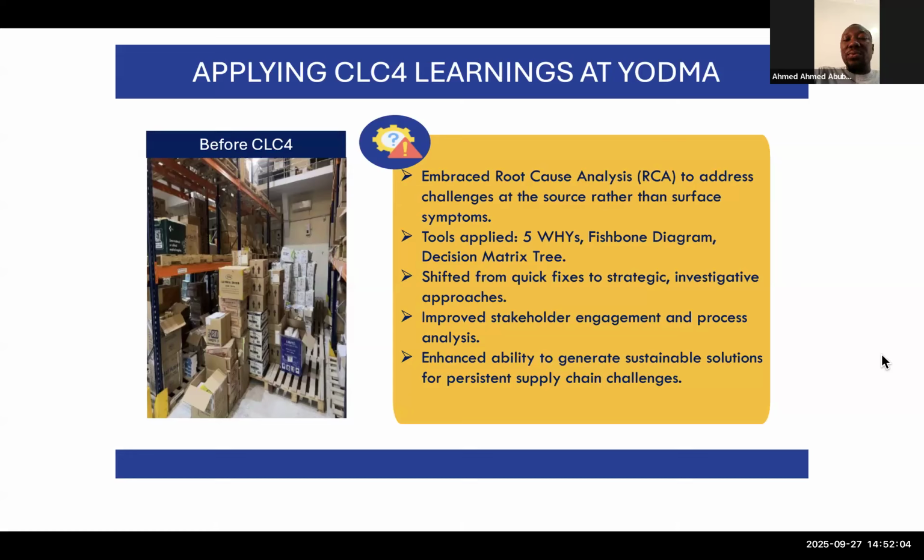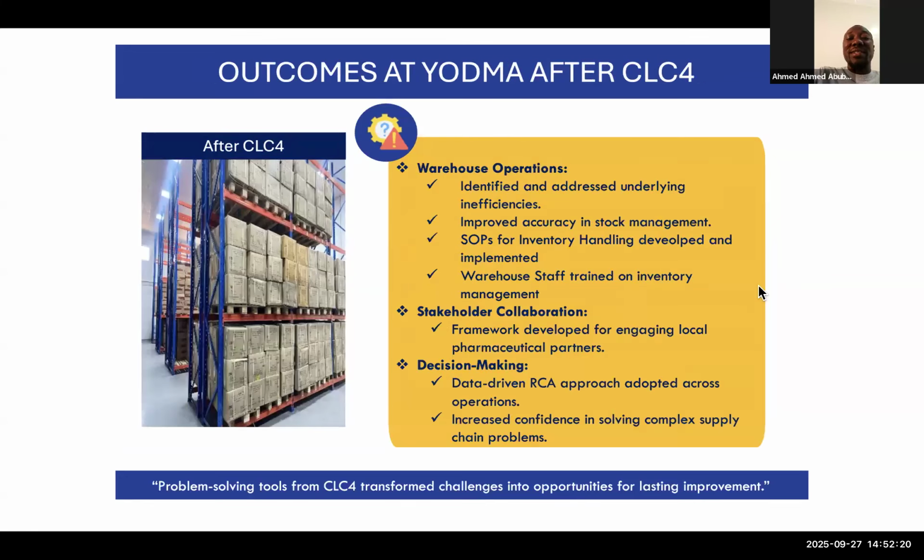So this has improved stakeholder engagement and process analysis. The course in particular has enhanced the ability to generate sustainable solutions for persistent supply chain challenges. So this has been persistent. You've seen it, my director raised it as an issue. So after the course, what happened?